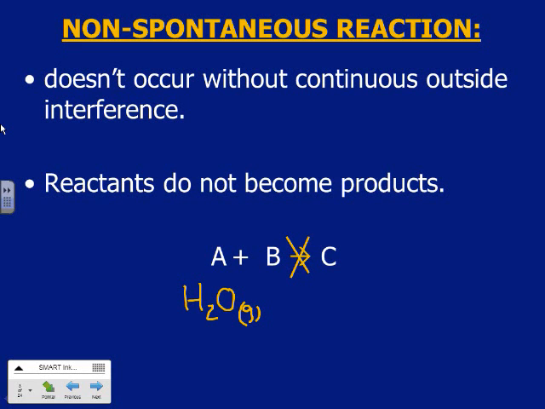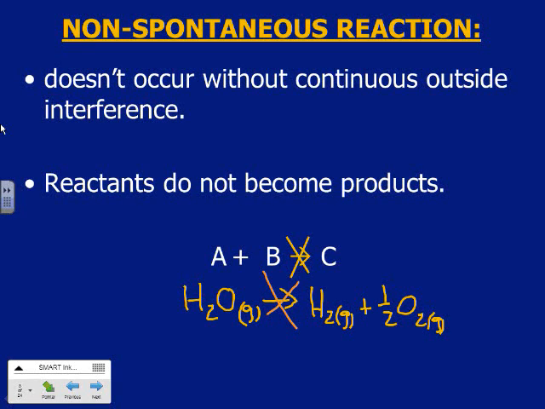And that H2O gas is not spontaneously breaking down into H2 gas and O2 gas. It's just not happening. Even if I put that spark, if I had my lighter, I've lost my lighter. I need to find my lighter again. We'll do the thumb lighter. Even if I had a lighter and held it out in the air for all that water vapor, that's not going to take place.